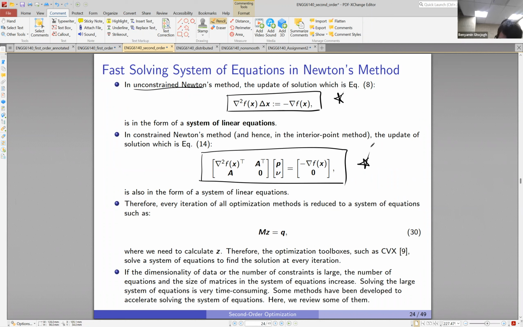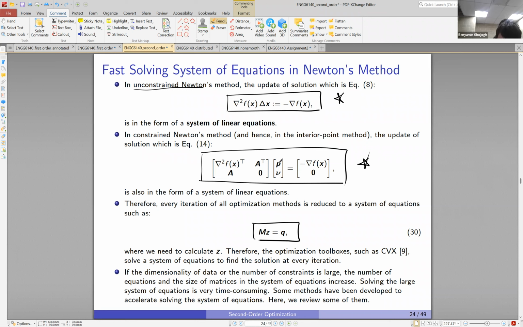We can write this linear system of equations like this. Z here stands for p and nu, where p is the delta x and nu is the dual variable. Here we only have delta x, so Z represents delta x.